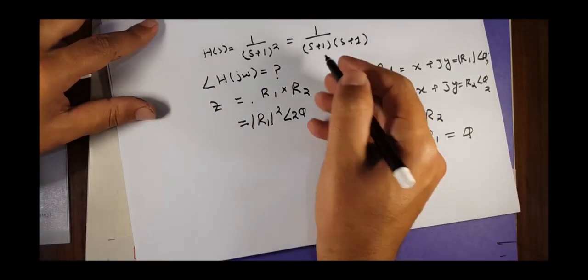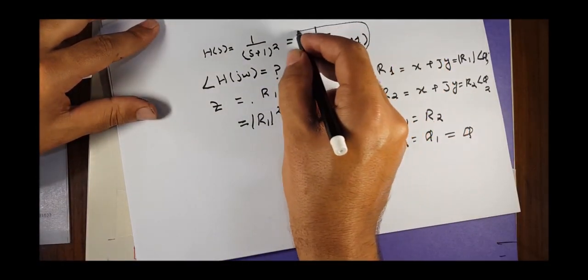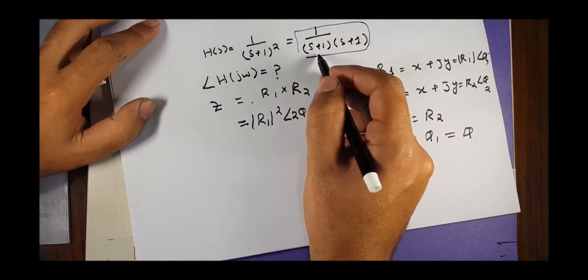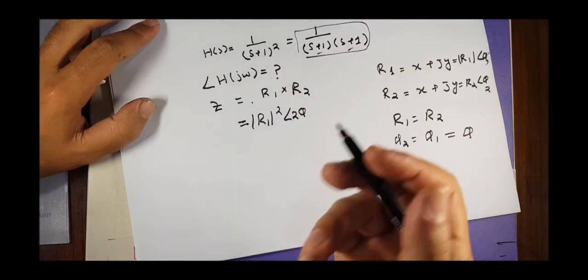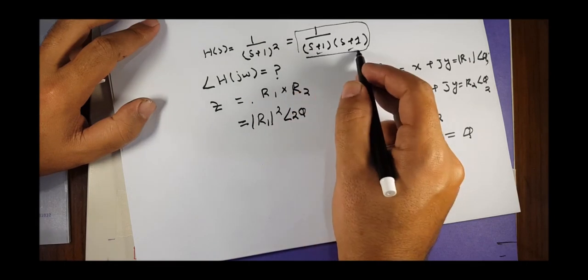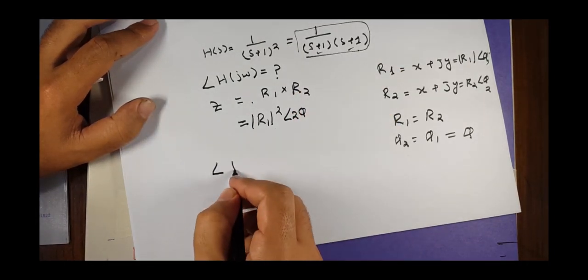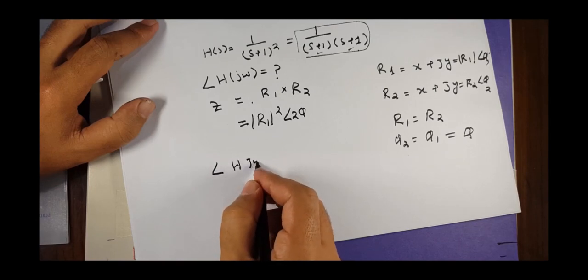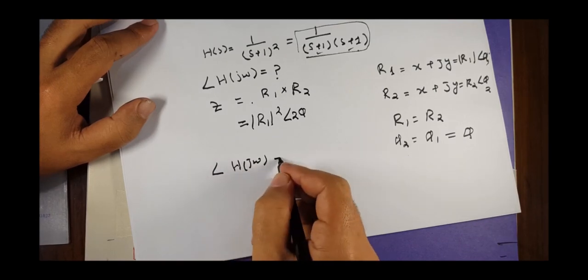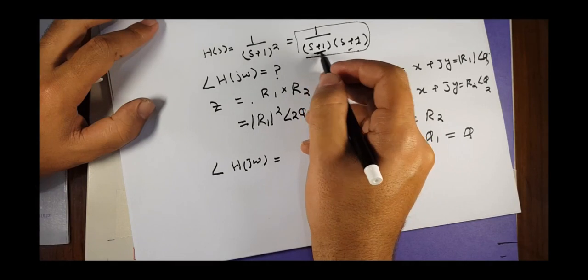Now look at this equation. What is this? This is a complex number, r1 r2, and r1 is equal to r2. So what will happen to the angle of H of j omega? The angle of H of j omega will be the angle of this one thing.